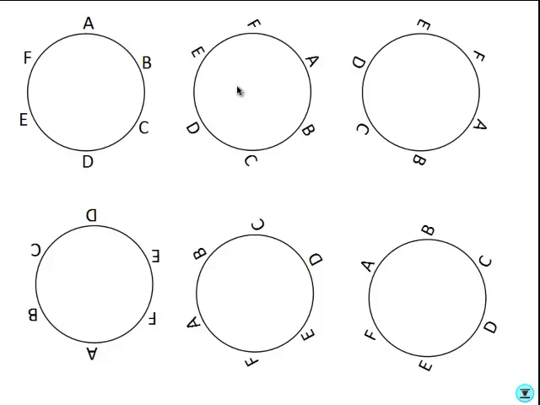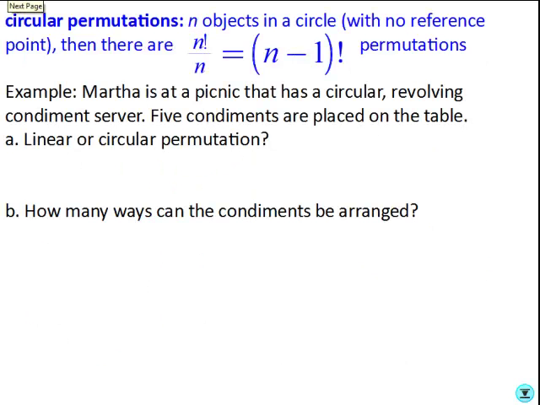And so what you might think would be 6 factorial ways to arrange the charms, well, you need to divide it by this number, which is 6. And so what you end up with is 1 less factorial.